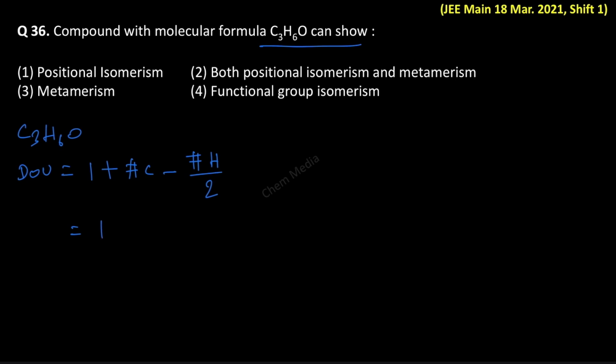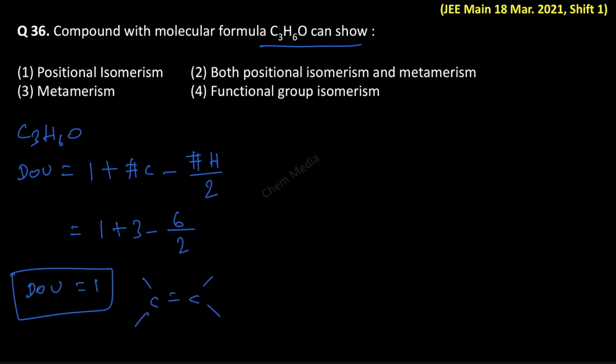Therefore, this is equal to 1 plus 3 minus 6 by 2, so 4 minus 3, and that is equal to 1, which means a carbon-carbon double bond is possible or a carbonyl group is possible or it can have a ring. So, these are the 3 different possibilities.